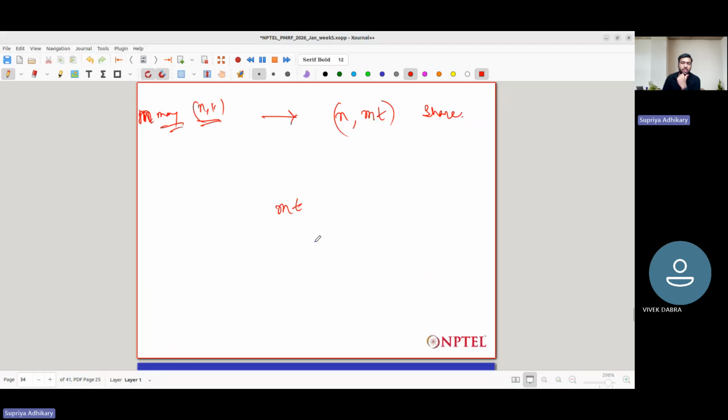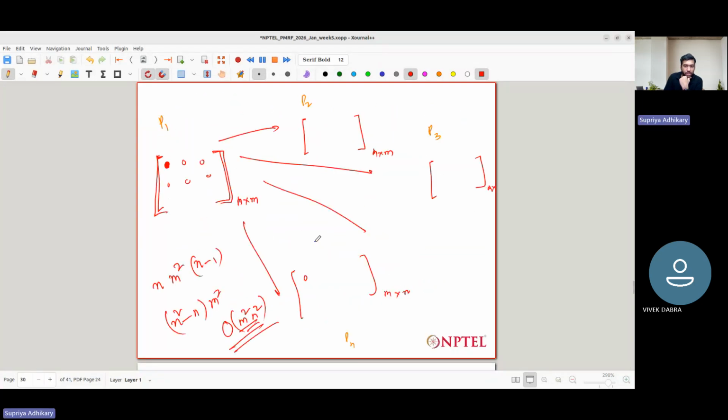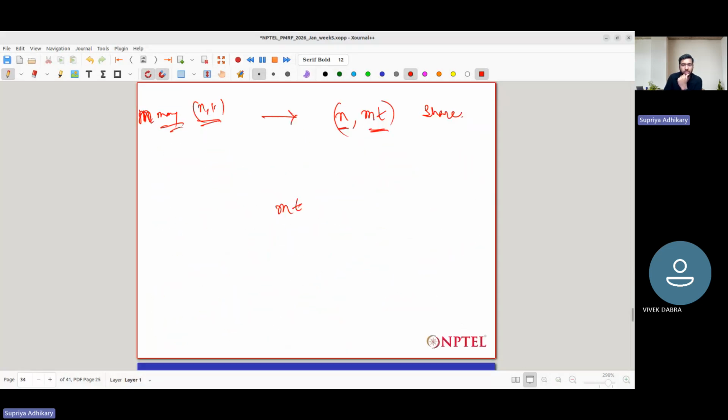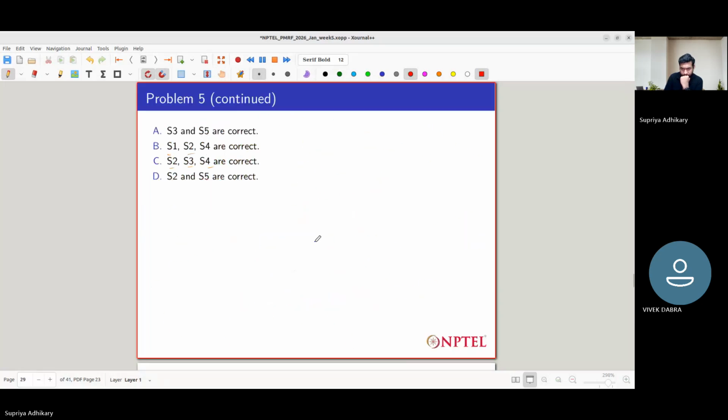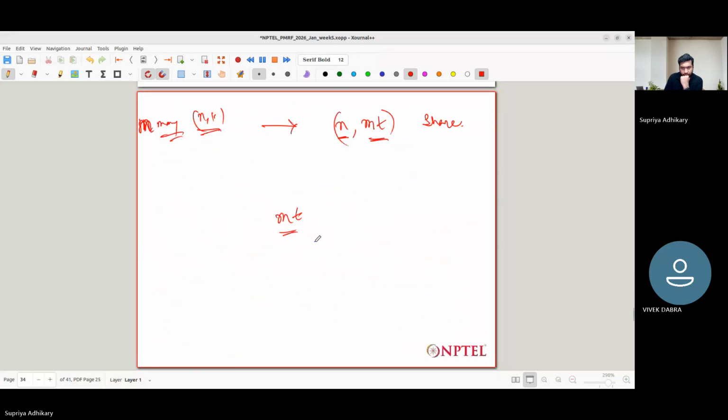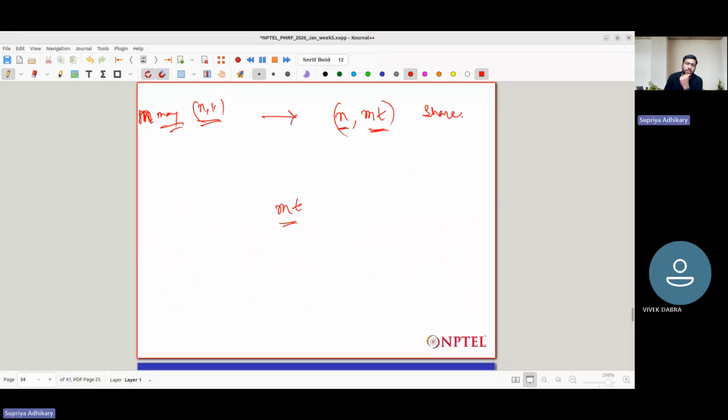So after the final computation, since this is an m cross m matrix, we have MT many shares. That means MT has to be less than n.